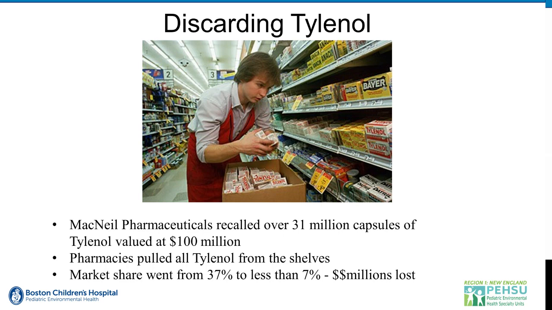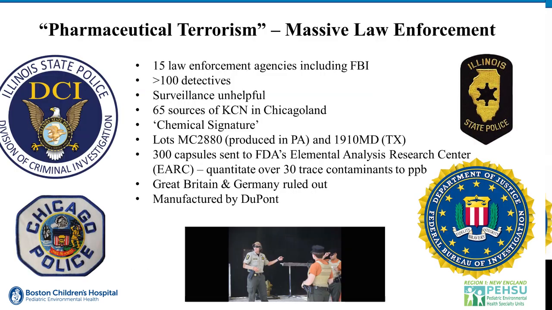That was a lot of money back then. The pharmacies pulled all Tylenol from the shelves. Their market share, which they were quite prominent in the United States, McNeil Pharmaceuticals, went from 37% to less than 7% within a month. And it was estimated they simply lost millions of dollars due to these murders.